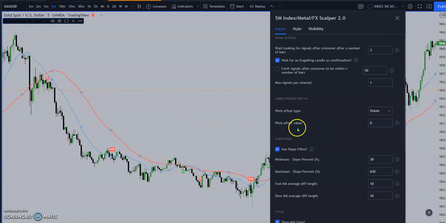And if we turn the wick offset value in points, well, we had one right there. Actually, this one won't give you a signal because of the fast MA. That's a slope issue, or because of the slow MA, that's a slope issue, and I'll explain why in a bit. So this is a perfect example right down here.